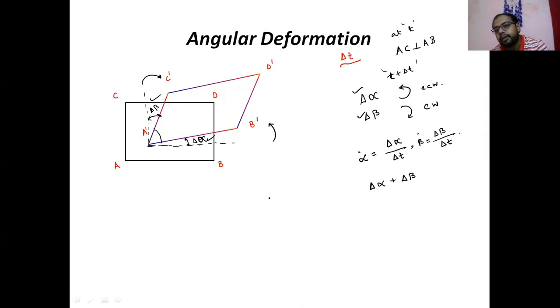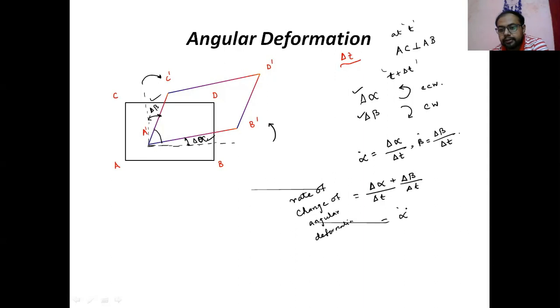So rate of change of angular deformation. Rate of change of angular deformation means dividing by delta t. That is the rate of change of angular deformation.